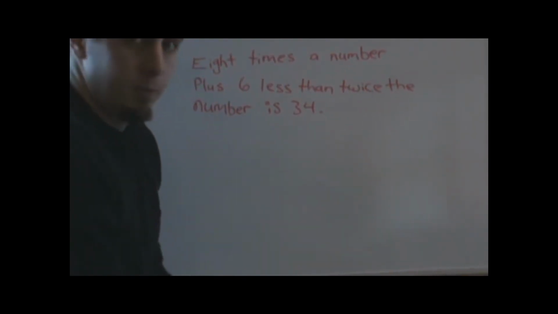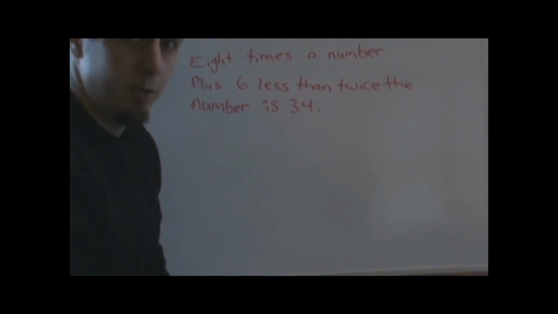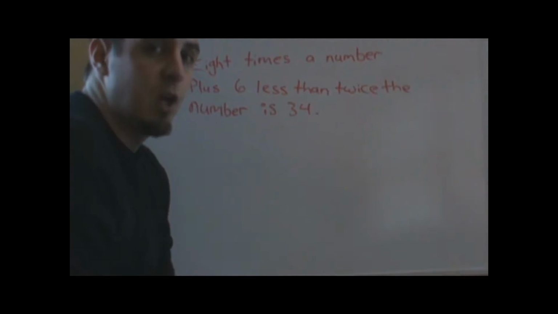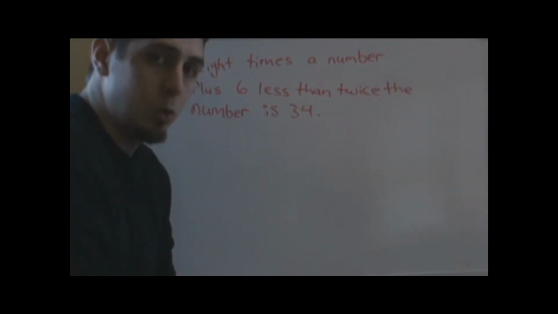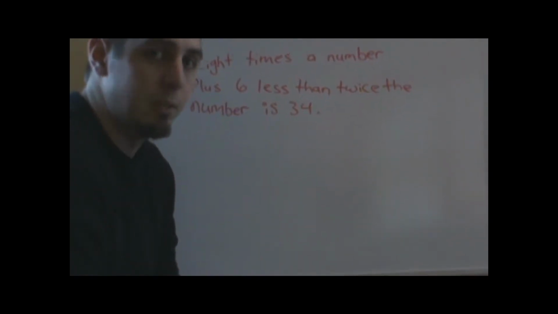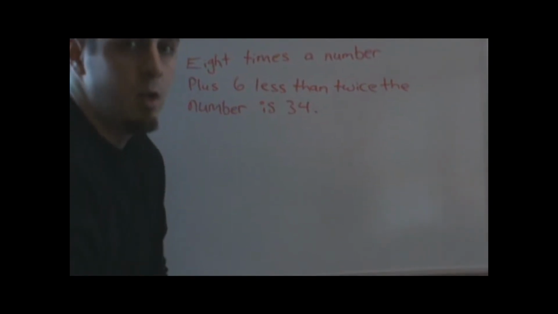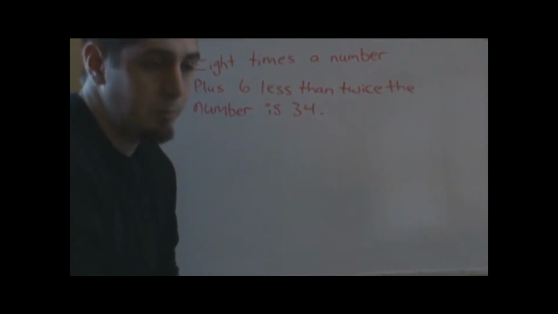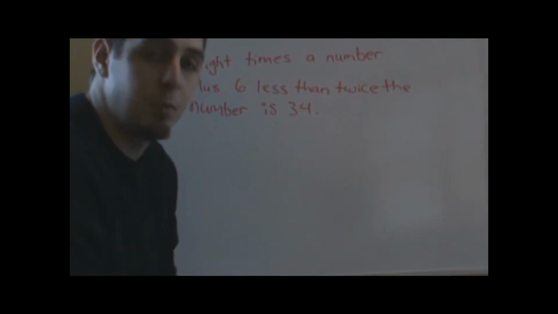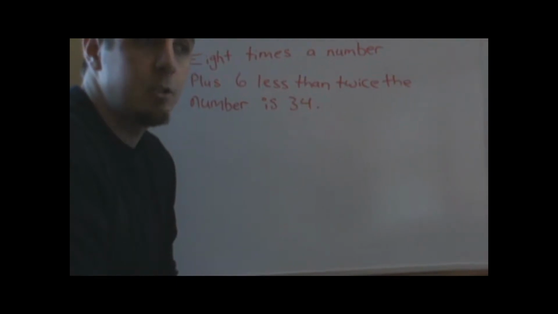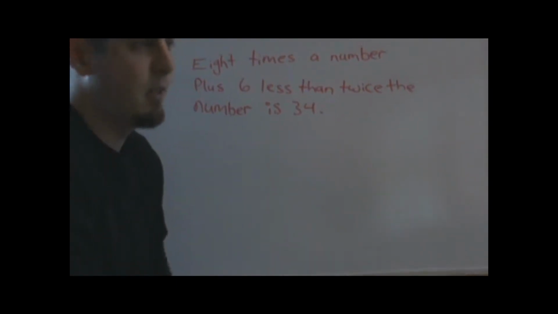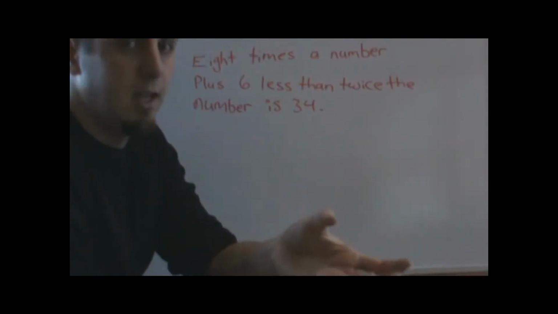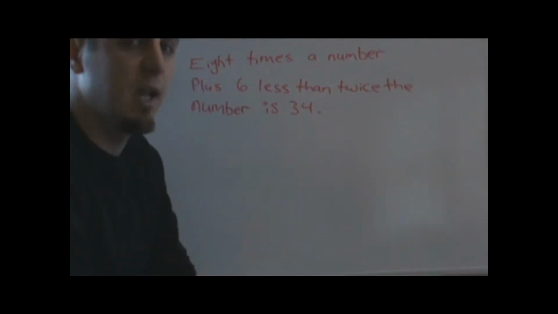Just as a refresher on the terminology, if you see the word plus, sum, total, or more than, it implies addition. If you see difference, it implies subtraction. If you see less than, it also implies subtraction, but you need to be conscious of the fact that, for example, if you see 8 less than 10, it actually means 10 minus 8.